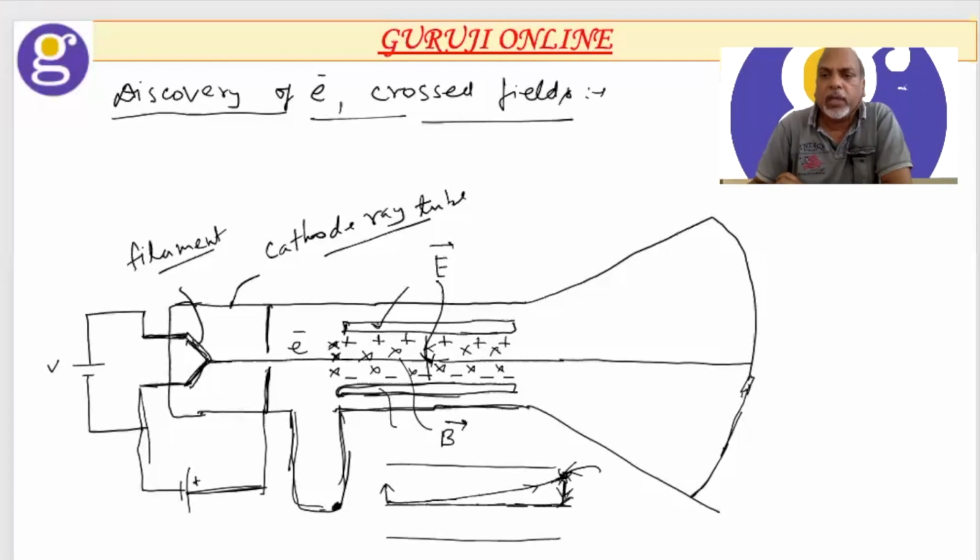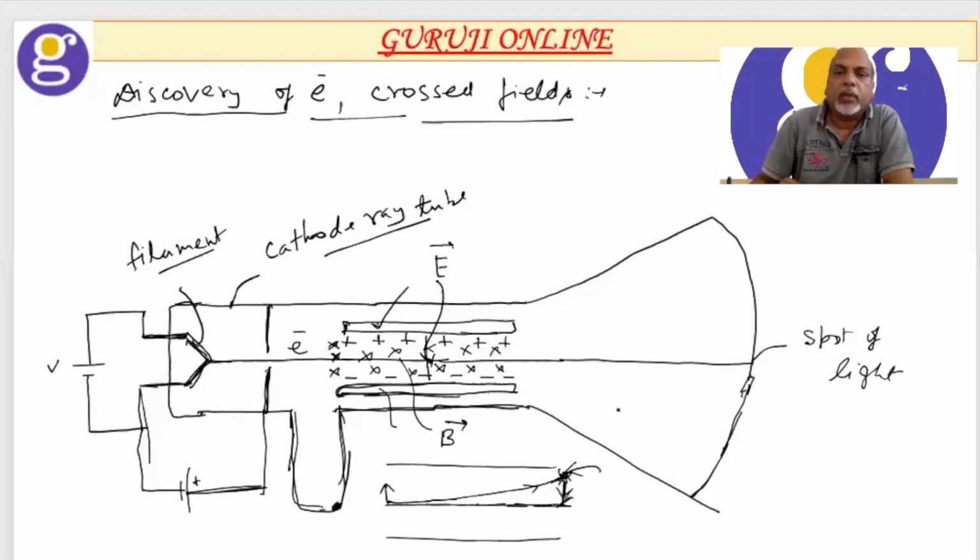This is a fluorescent screen. When an electron strikes it, there will be a spot of light. Due to this light spot, you can judge the magnitude of the magnetic field so that the beam remains horizontal.